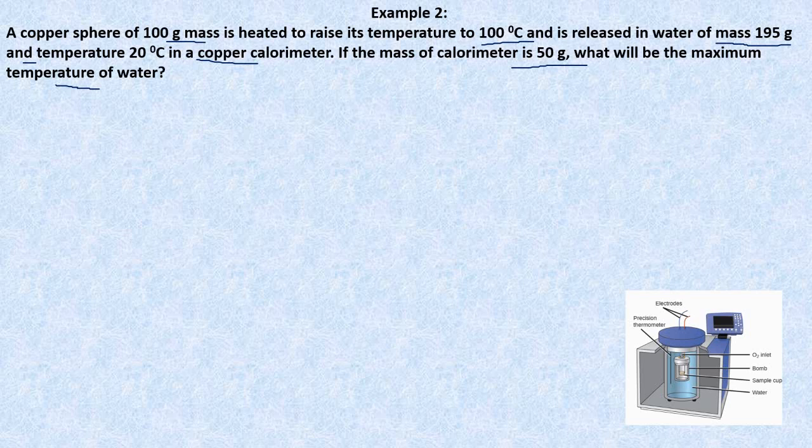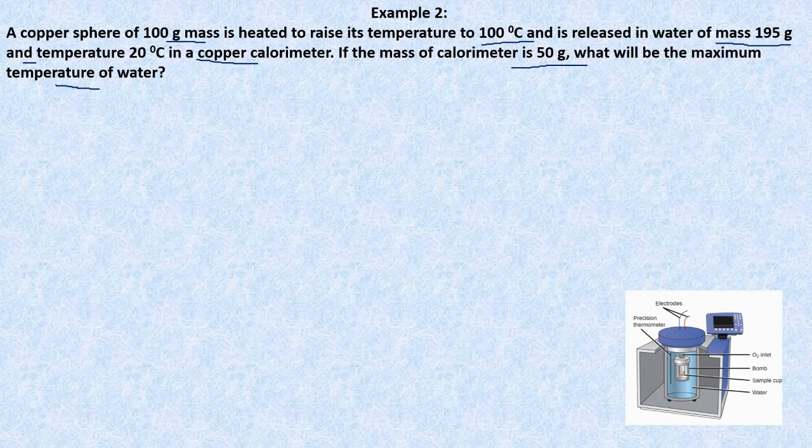In our previous module, we already studied the calorimeter, its construction and working. On the screen we can see a picture of what is inside the calorimeter. Inside the calorimeter there is a container, and inside the container there is again a small container to keep a sample.